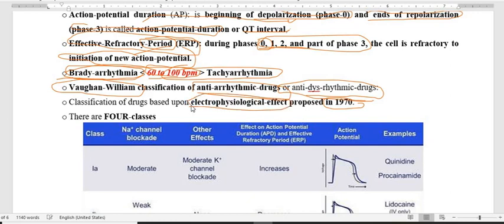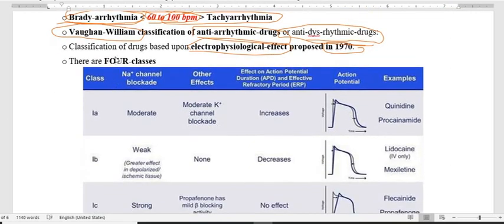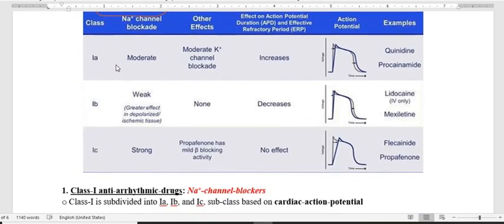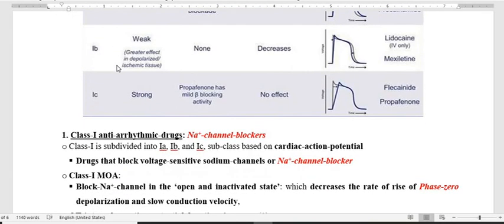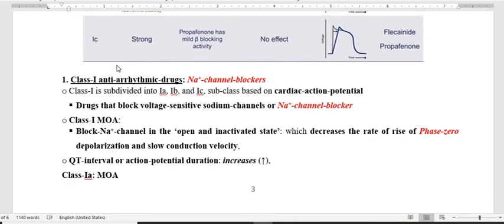There are four types of classification of the drugs used for the treatment of arrhythmia. Anti-arrhythmic drugs are divided into four classes: number one, two, three, four.